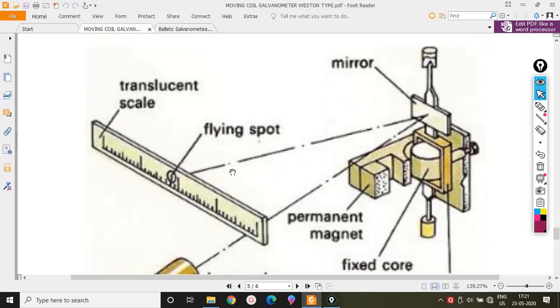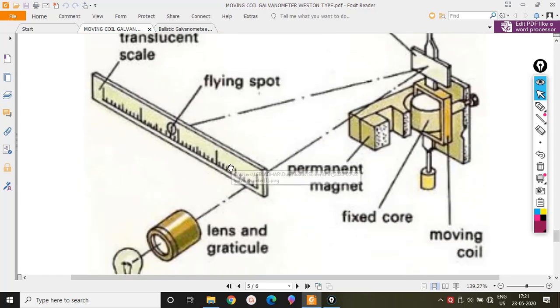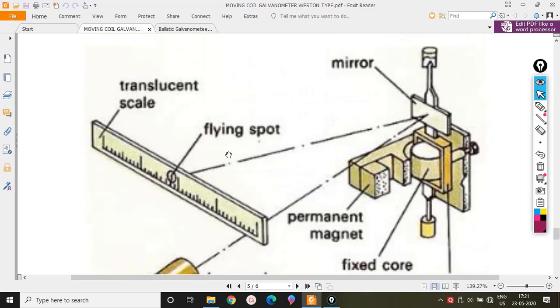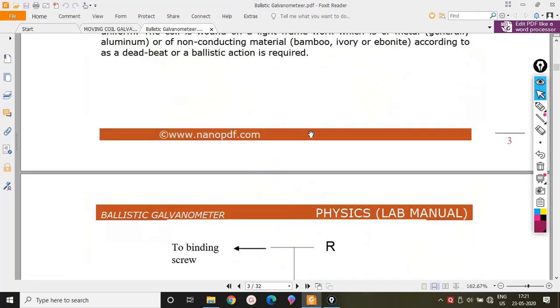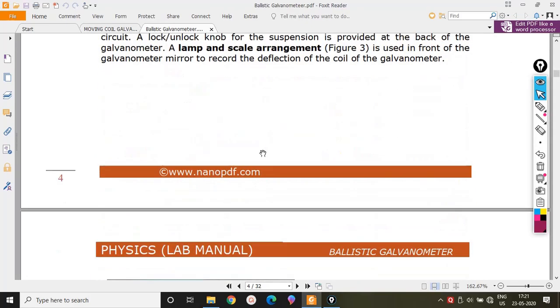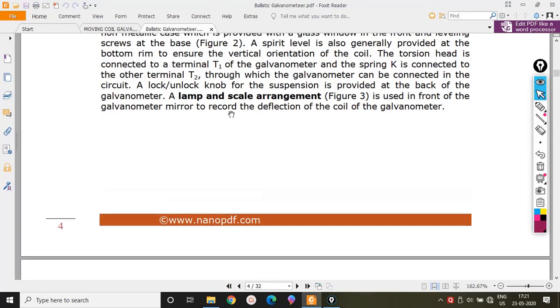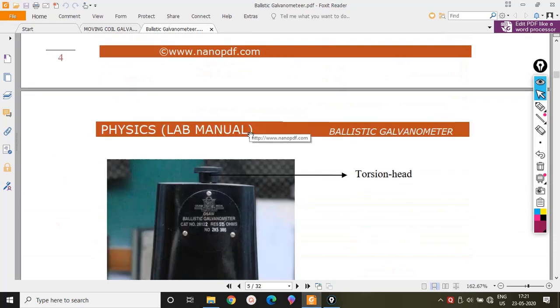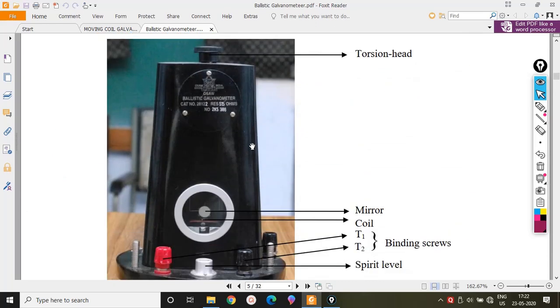Here is another diagram I have. So the second diagram is also similar to the first diagram. Next, you have the lamp and scale arrangement attached to the system, and this is the picture of a ballistic galvanometer.